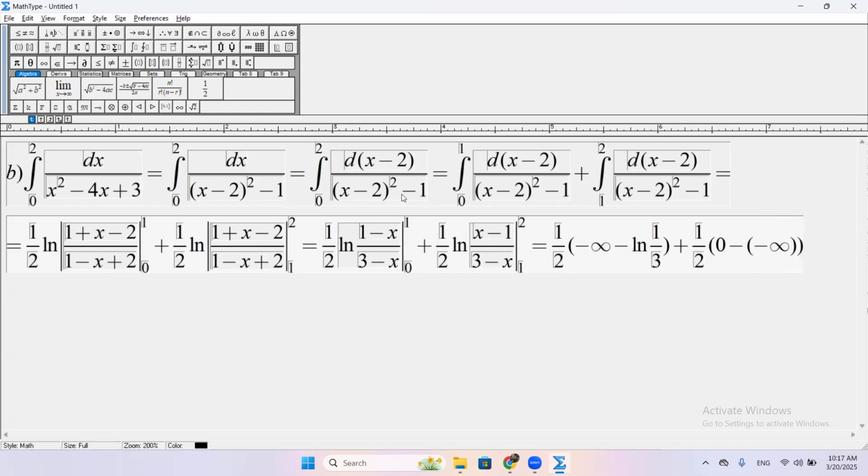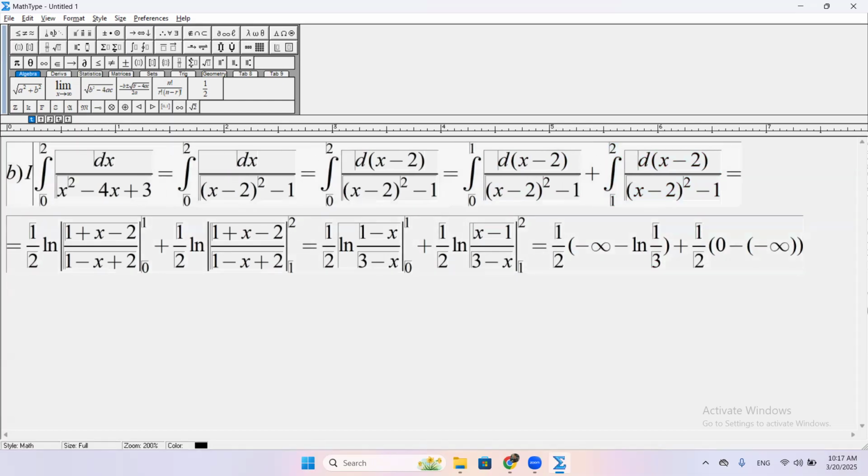So we have such a singularity point. So the integral doesn't converge in this case. Because this integral is equal to minus infinity, and this integral is infinity as well. So both of them do not converge, so the final integral doesn't converge as well.